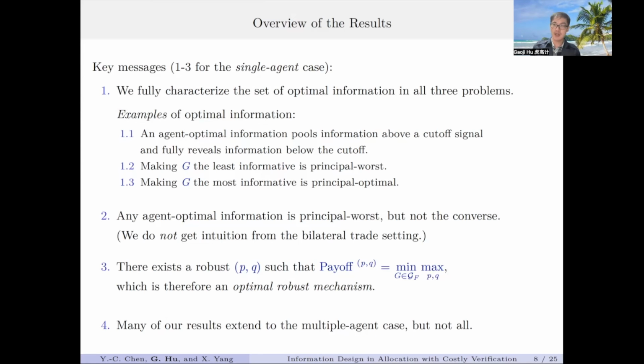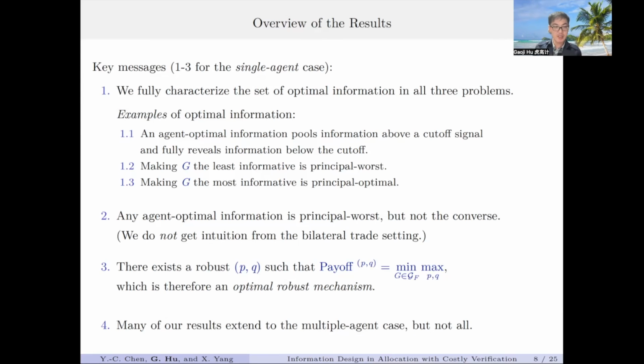For the second one, principal worst information design, making the signal distribution G the least informative is principal worst. And for the last problem, making the signal distribution G the most informative is principal optimal. Okay, those are just examples of the solutions. We can fully characterize the set of solutions.